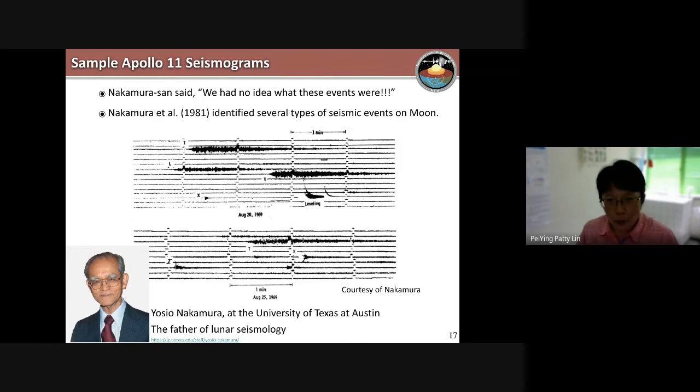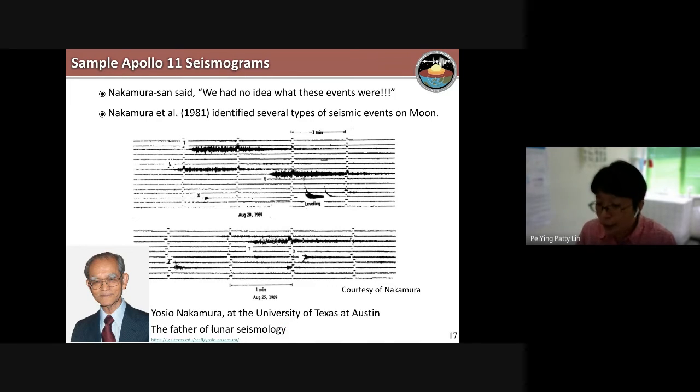So in the beginning, they really didn't know what they were. Then Nakamura's group identified several types of seismic events on the Moon. Therefore, we honor him as the father of lunar seismology.